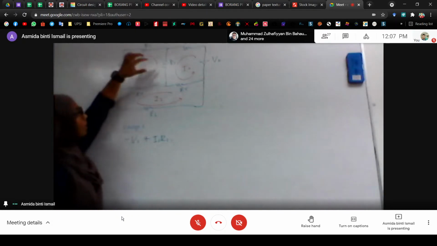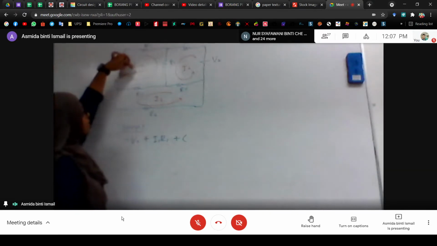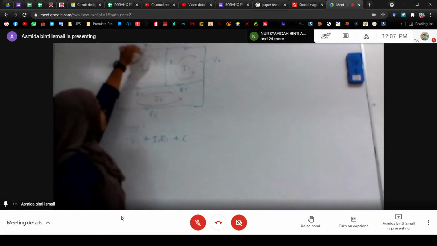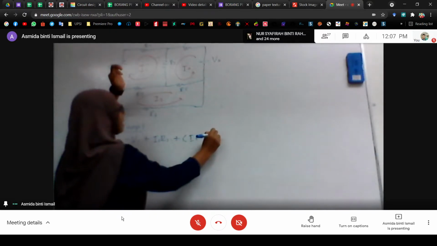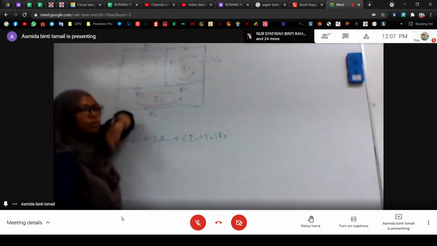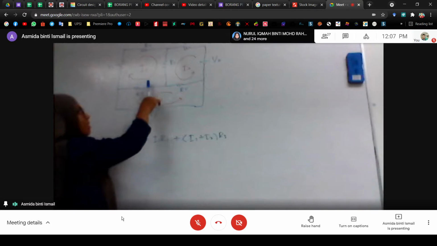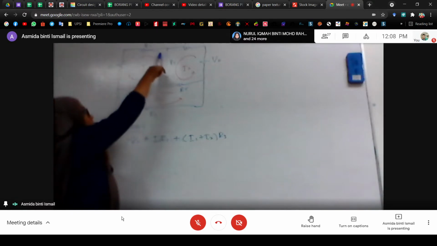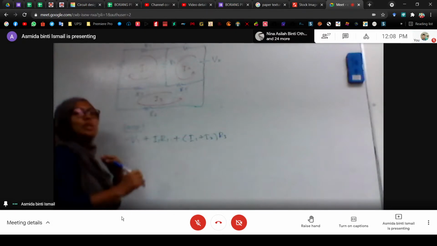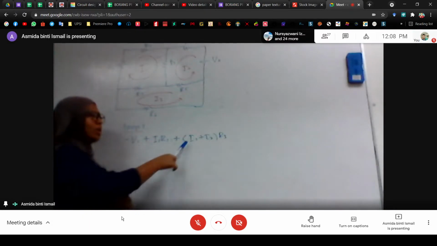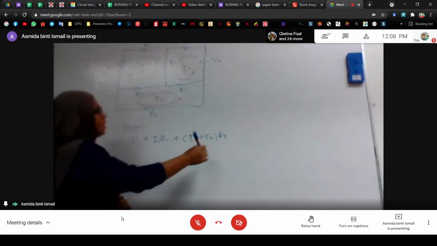Plus the voltage here: this is I1, this is I2, so (I1 plus I2) times R3. Why plus? Because I1 flows through here and I2 flows through here, so it's the same direction of current. So you need to plus.